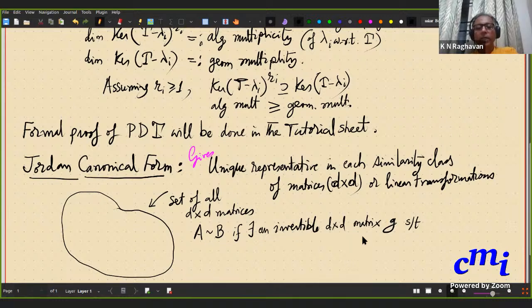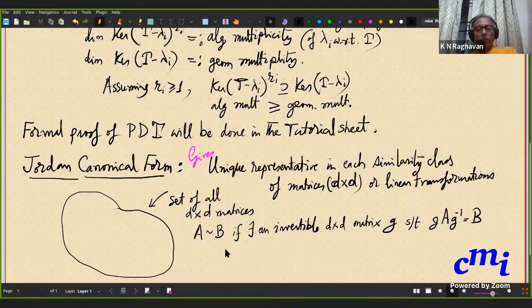So I'm thinking of it like a group element, right? The set of invertible matrices form a group under matrix multiplication. So g A g inverse is equal to B. This is just matrix multiplication. g is also a d by d matrix and it's invertible. So g inverse is a d by d matrix.